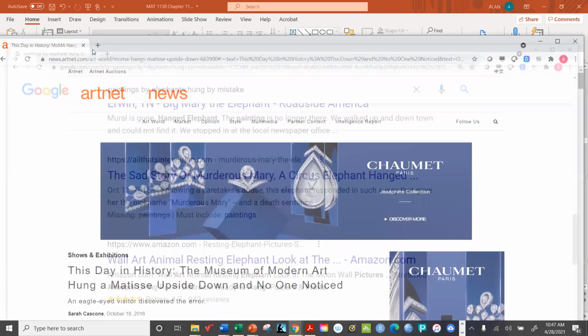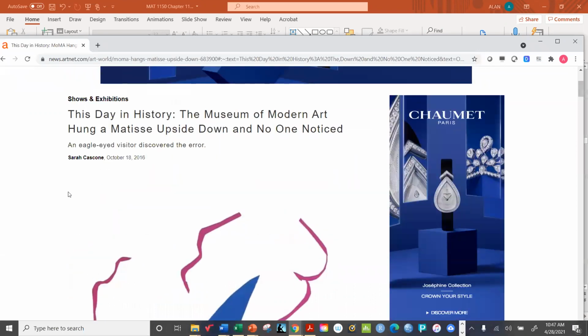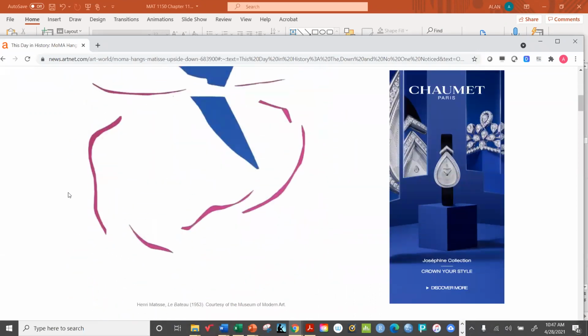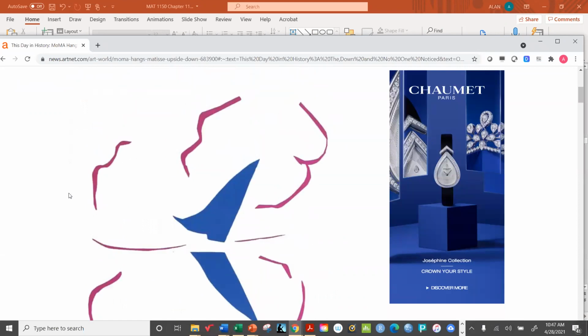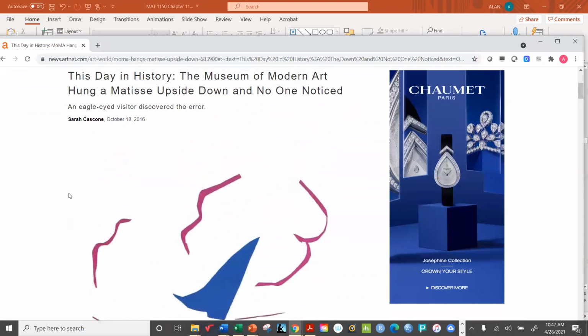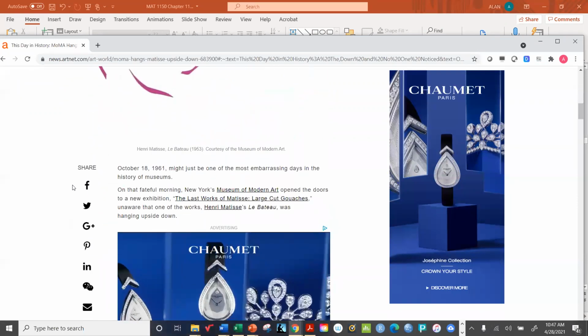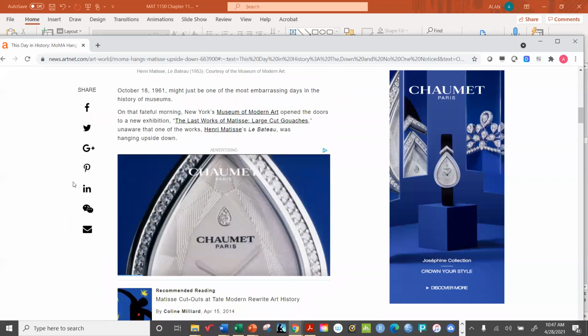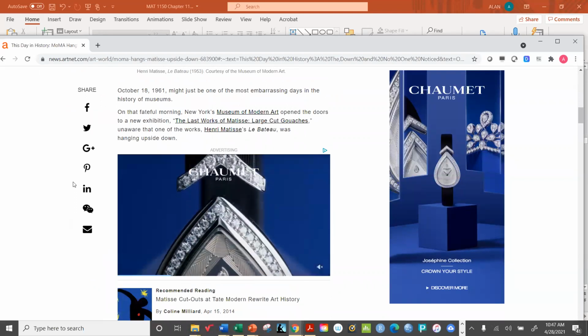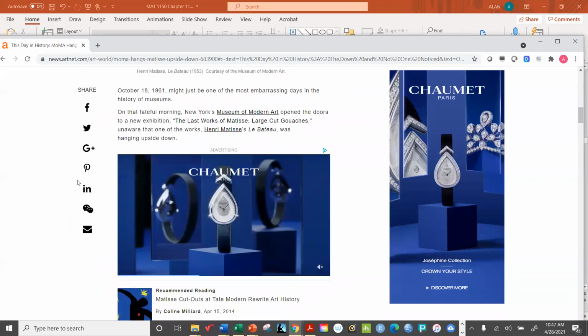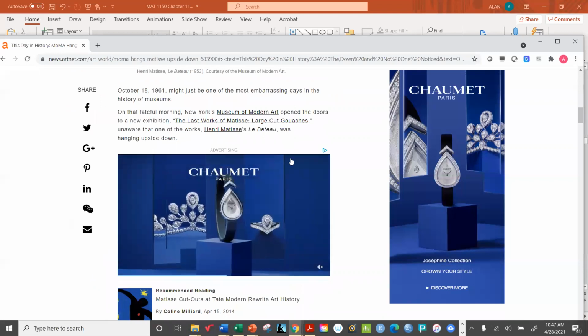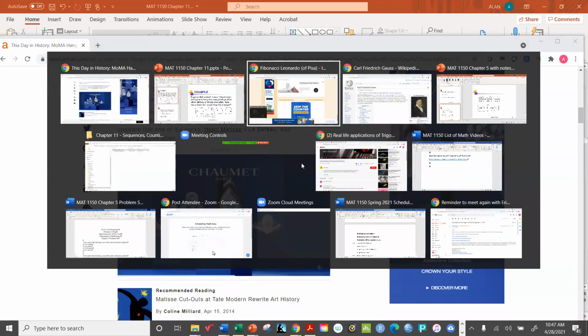All right, never mind. But this other one with the Matisse, yeah, that's pretty hilarious. But you can see why nobody might have noticed it. I mean, how would you know where the top and the bottom are? But the thing is, apparently the museum wasn't exactly helpful. This lady had to actually call the New York Times to get this thing discovered and straightened out. Man. All right. Well, anyway, enough of that fun stuff.